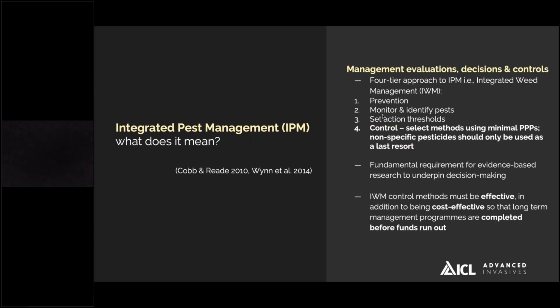In terms of integrated pest management, integrated weed management, control is the method or series of methods that we apply as a last resort. We've already gone through the issues around prevention, monitoring, and setting action thresholds, and we really need to do something about invasives. So in terms of how we look at this, we need to think about what works and why, and also take into account the cost effectiveness of our operations.